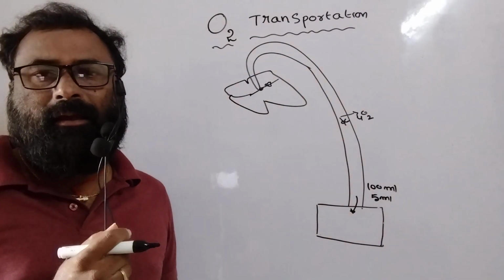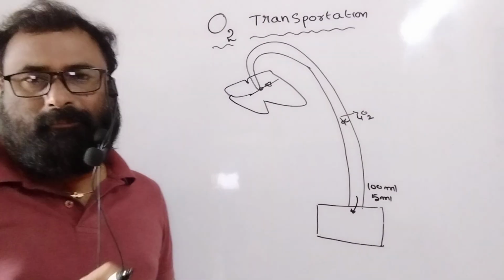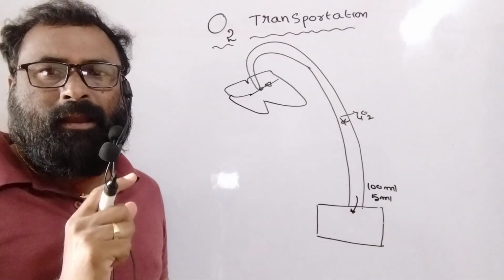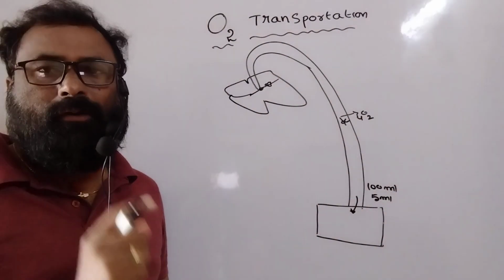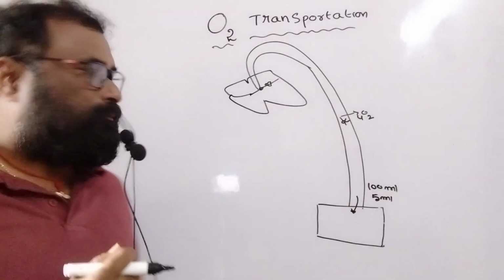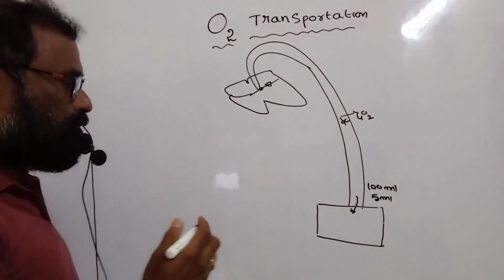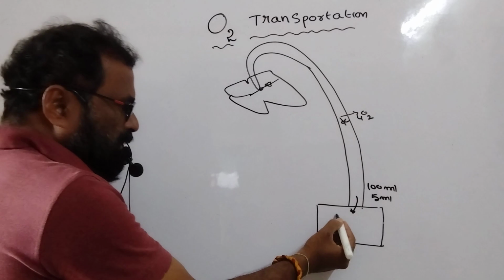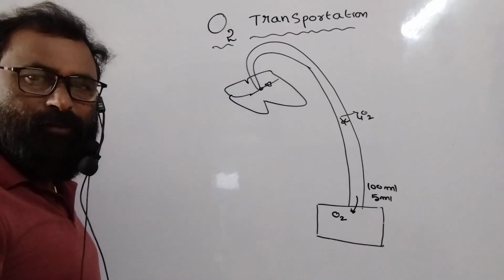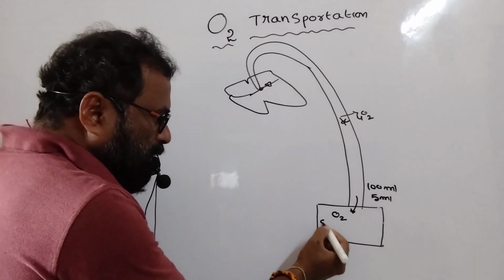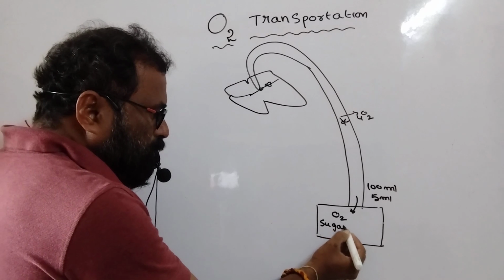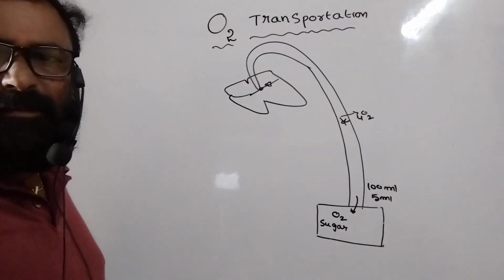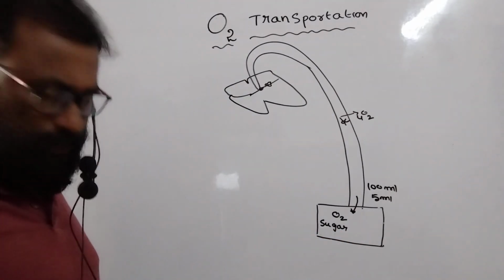The answer is 5 ml. This oxygen is useful for the catabolism of sugars in the tissues.